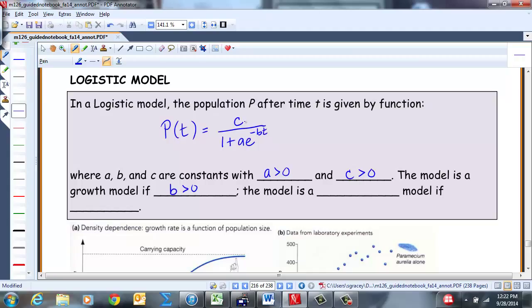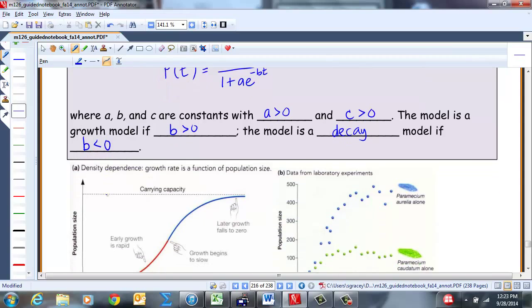And so you just look at what exactly is B. The model is a decay model if B is less than 0. I know that looks a little strange, but you have e to a negative exponent in the denominator, and that is why it'll behave in that way.